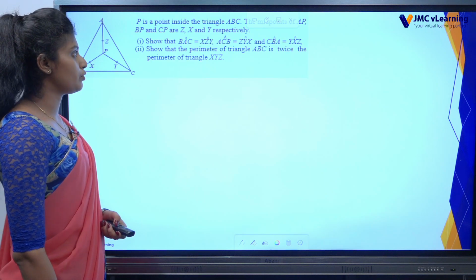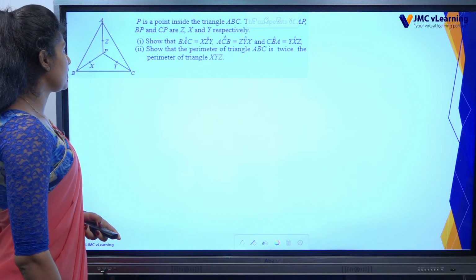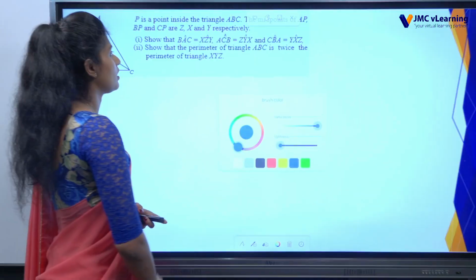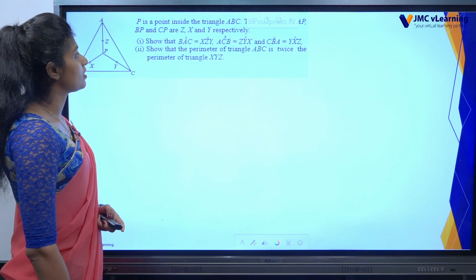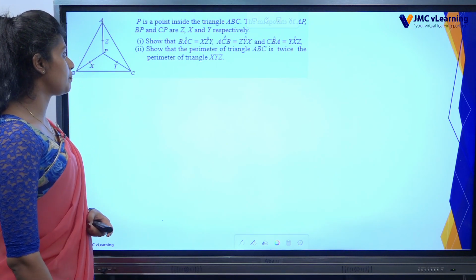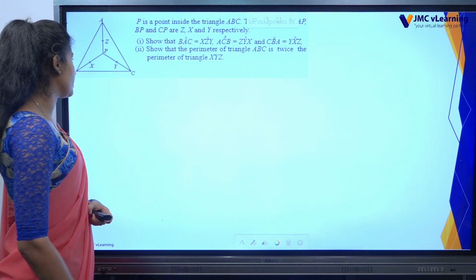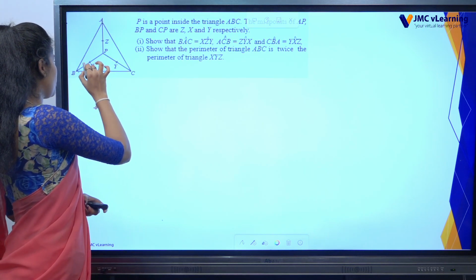Okay, now we will do a question in your textbook. P is a point inside the triangle ABC. The midpoints of AP, BP and CP are Z, X and Y. Then you can see these are the midpoints.